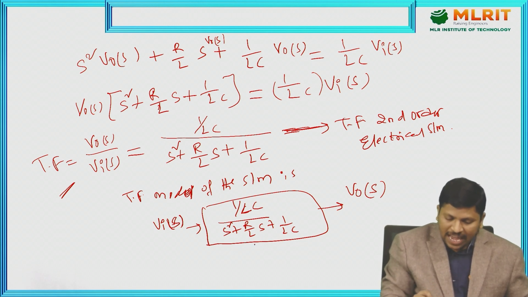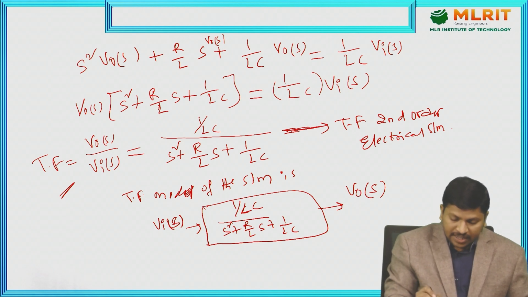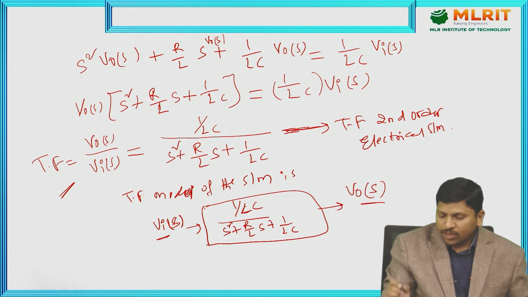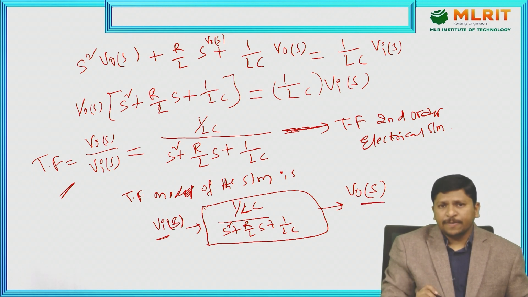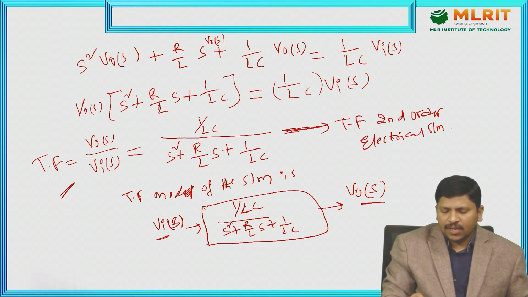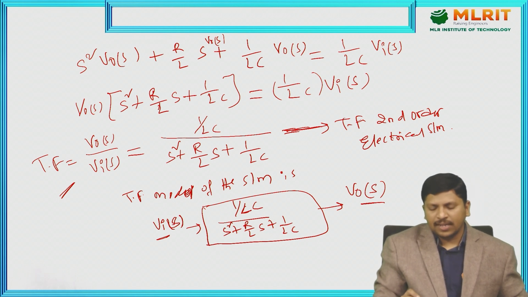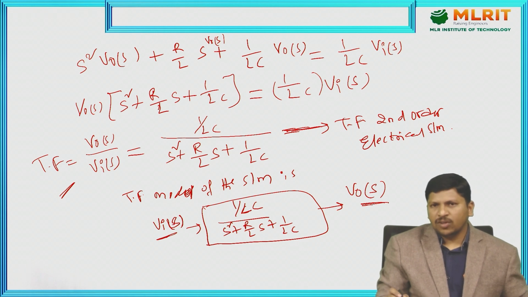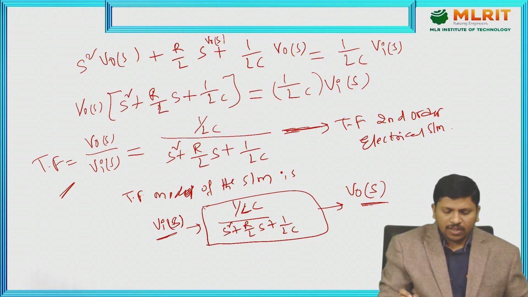The block contains the transfer function of the electrical system, with input Vi of S and output V naught of S. This is the transfer function model.